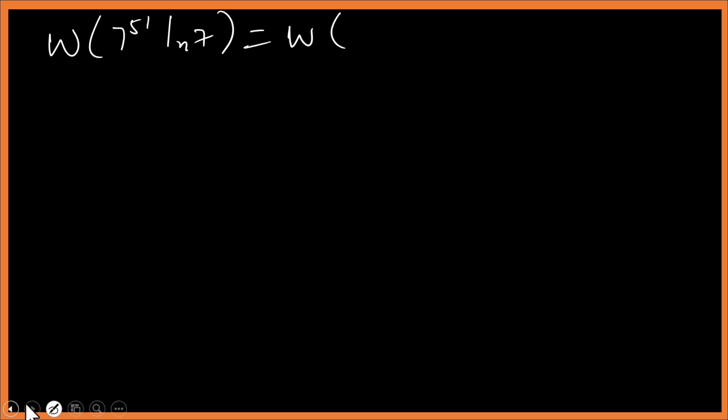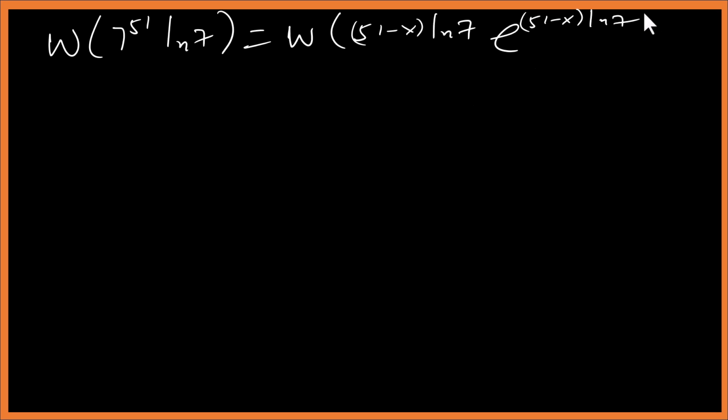The W function of 7 raised to 51 ln of 7 equals the W function of 51 minus x ln of 7 times e raised to 51 minus x ln of 7.